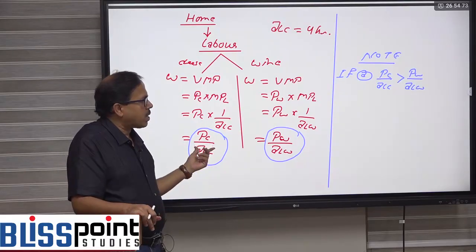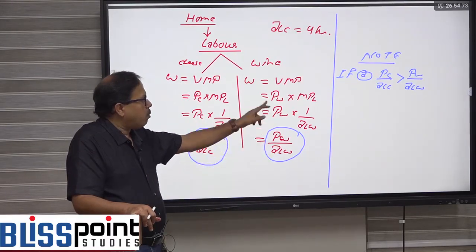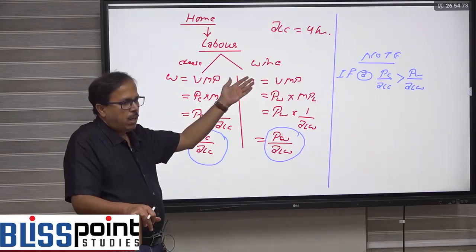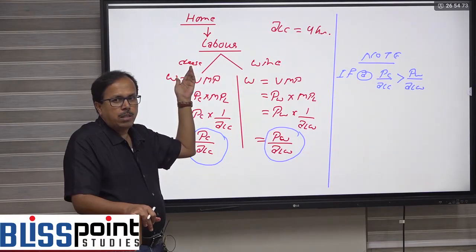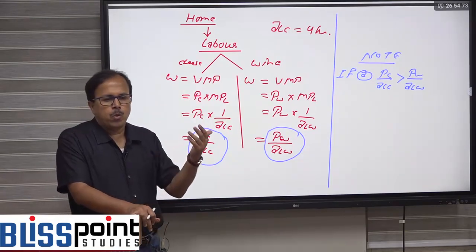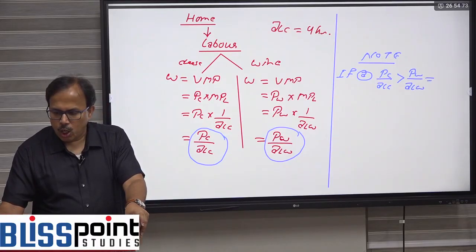What is PC by ALC? Wage in cheese. And PW by ALW is wage in wine. So if PC by ALC is greater, it means the worker is getting more wage in cheese. So all workers will go to produce cheese. Economy will produce only cheese.